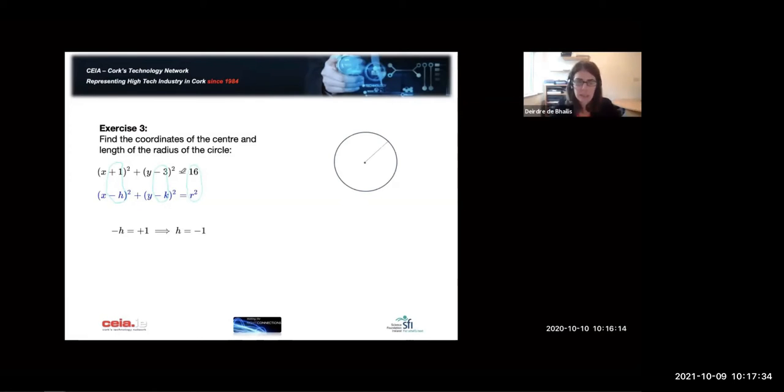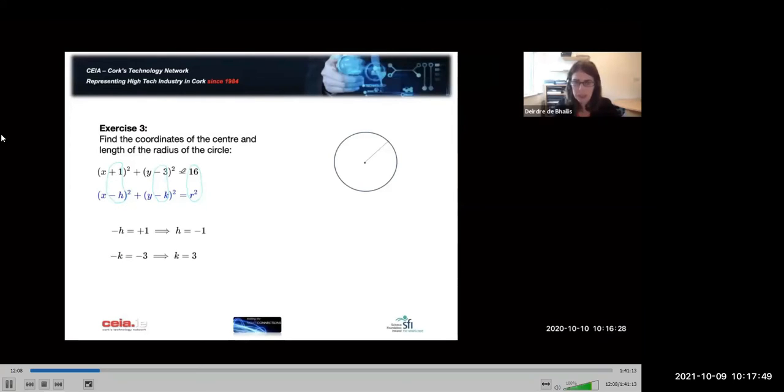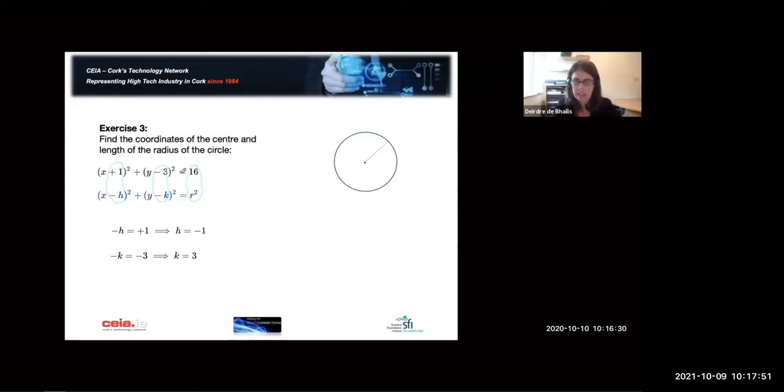We're going to say minus h is equal to plus 1 in this case. And that means h is equal to minus 1. Going to say minus k is equal to minus 3. Therefore, k is equal to 3. And that gives us the center of our circle: minus 1, 3.